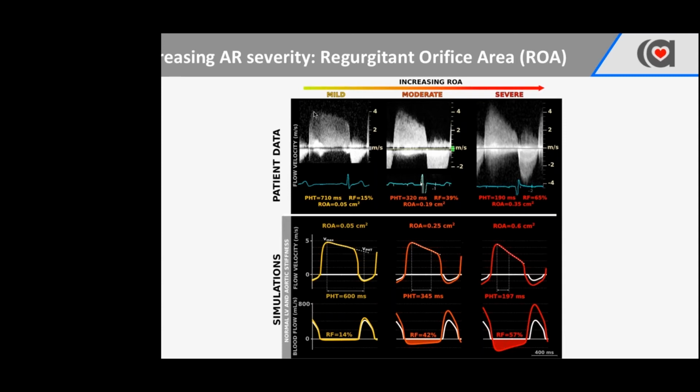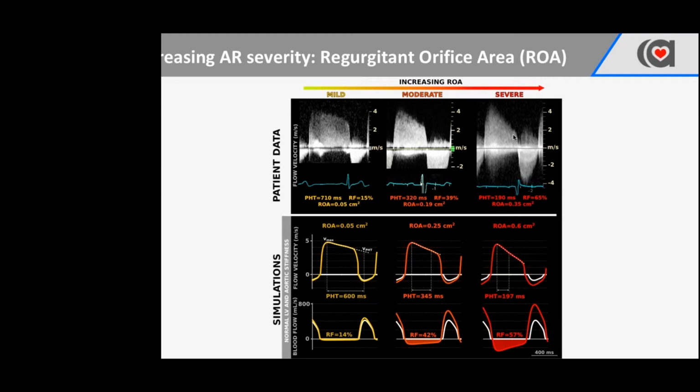But if the regurgitation is very mild, then the filling speed of the left ventricle will not be that high, and hence the slope of this regurgitant flow pattern will not be that steep. If you have an increased regurgitant orifice area, the slope increases, and with the most severe, the slope is highest. So there is a relation between the slope and the severity of aortic regurgitation.